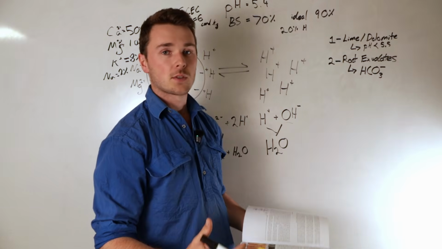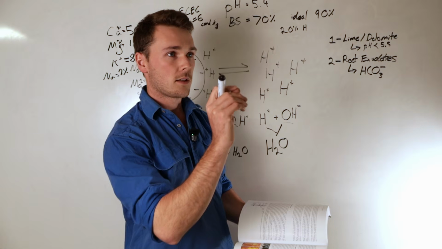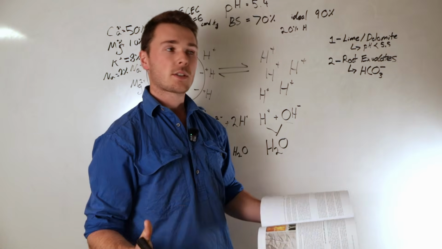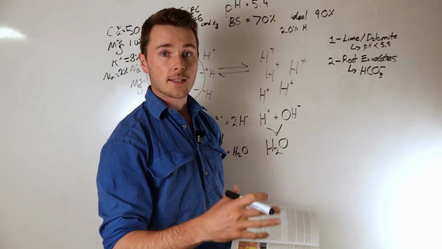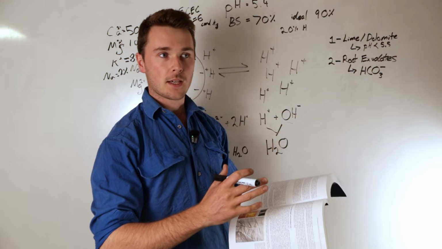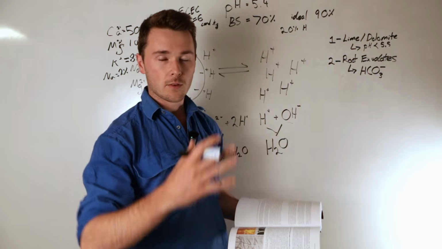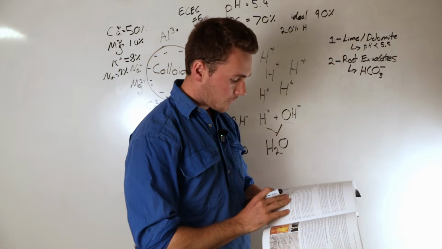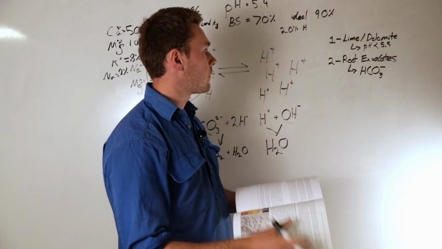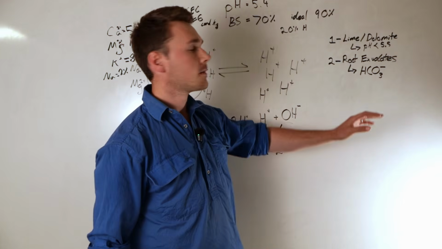Plants can release them to increase the rhizosphere pH. Now the rhizosphere is only say 2 millimeters outside the root zone. So this method takes a lot longer, but with enough roots there and over multiple seasons, you can start to then increase your pH. Now there's a few other ways of root exudates increasing pH.